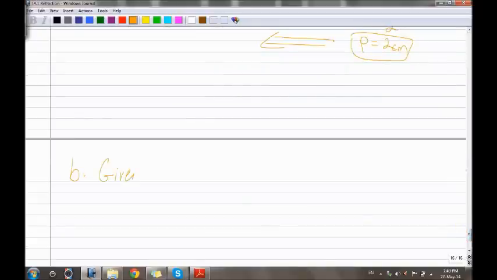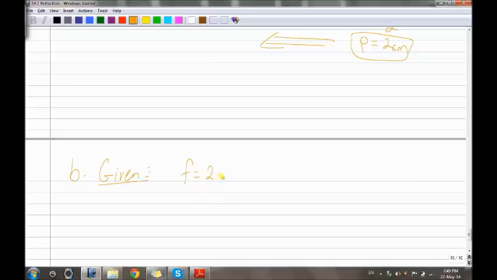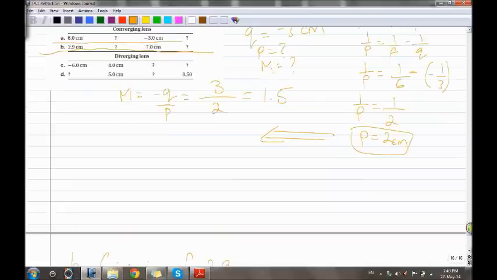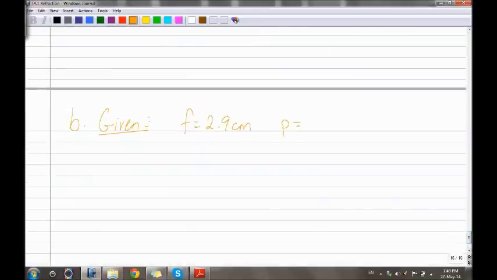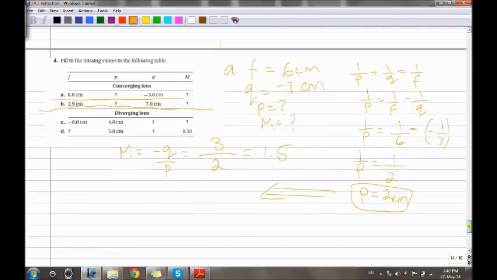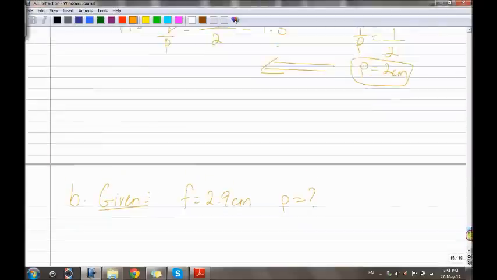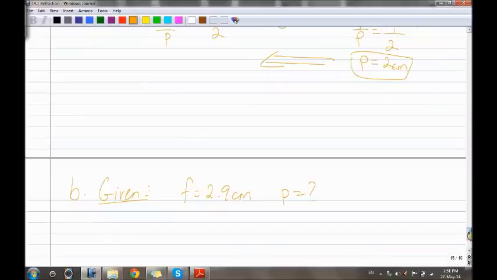So B is given here that F equals 2.9 centimeters. We have to find the P, and the Q is 7 centimeters. So here we also have to find the magnification.